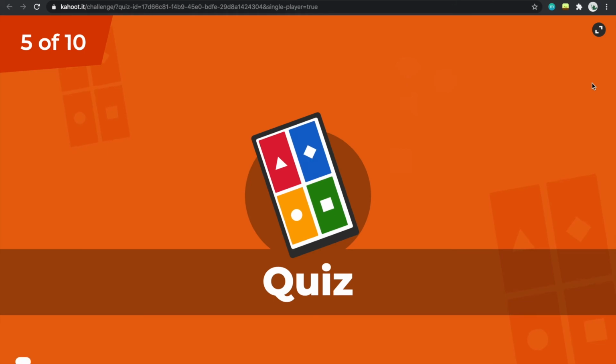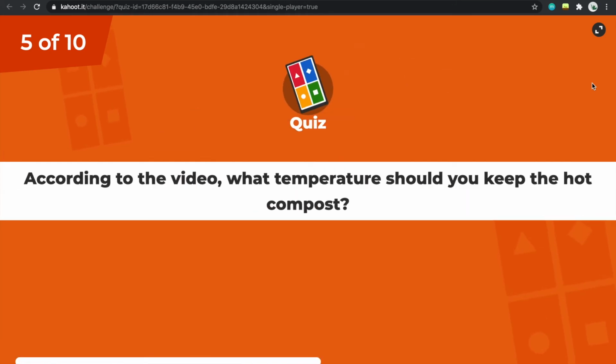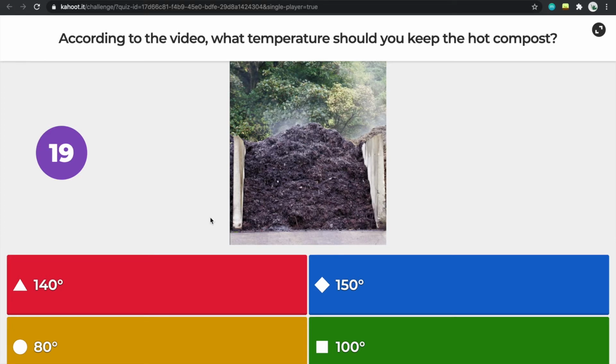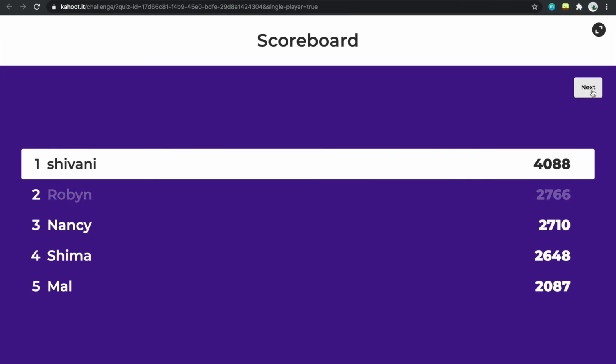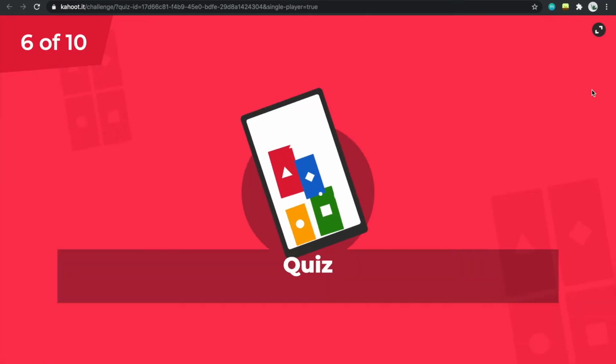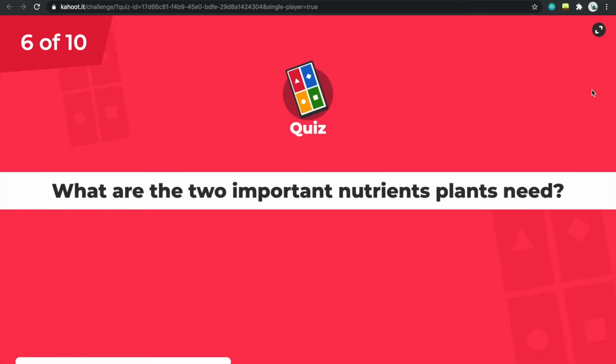The fifth question is, according to the video, what temperature should you keep the hot compost? Options are 140 degrees, 150, 80, or 100. And from the video, we know that the answer is 140 degrees. The sixth question is, what are the 2 important nutrients that plants need?